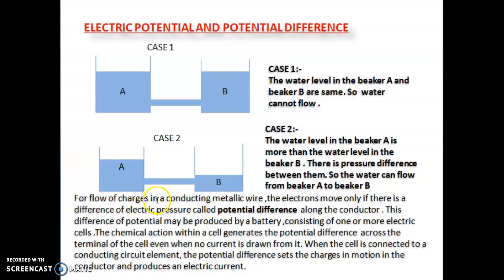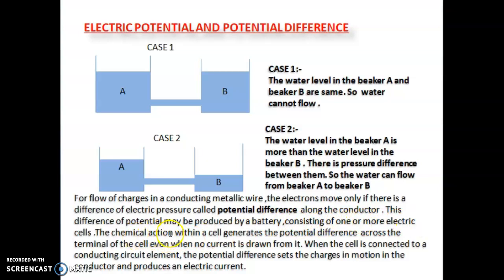For the flow of charge in a conducting metallic wire, the electrons move only if there is a difference of electric pressure, called potential difference, along the conductor. This difference of potential may be produced by a battery consisting of one or more electric cells.